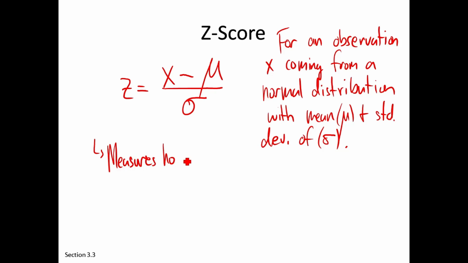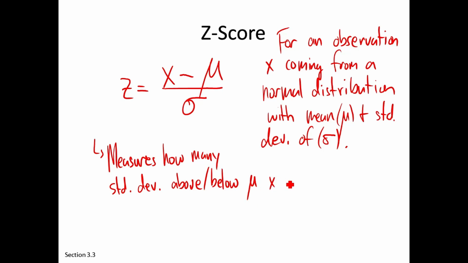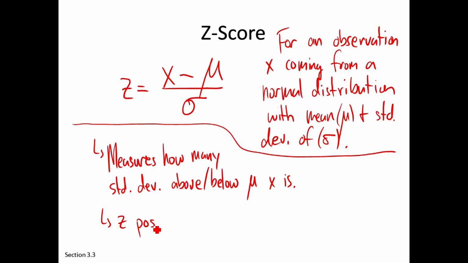It measures how many standard deviations above or below mu x is. Notice if z is positive, then x is above average, and if z is negative, that means x is below average.